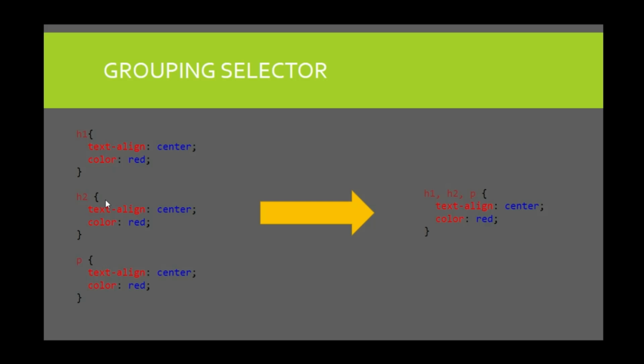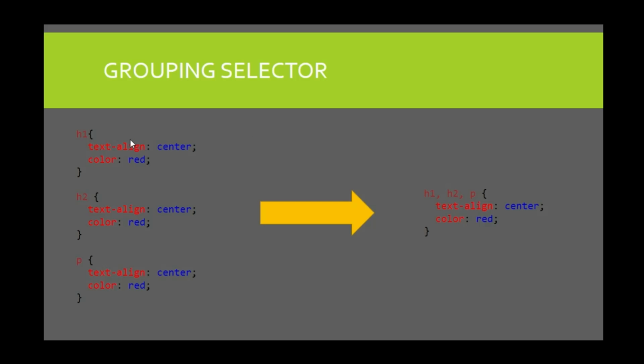H1, H2, and P are similar, so we can group them together: H1, H2, P, curly bracket, and inside the curly bracket we can put the formatting.